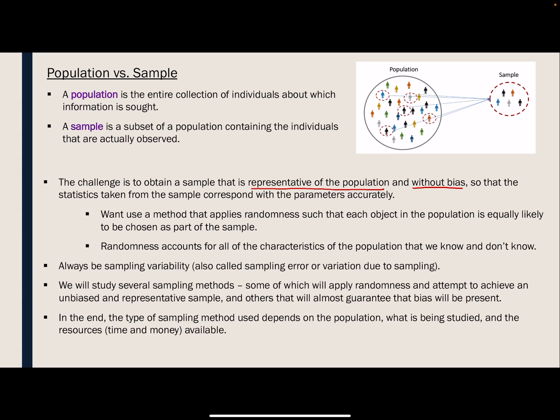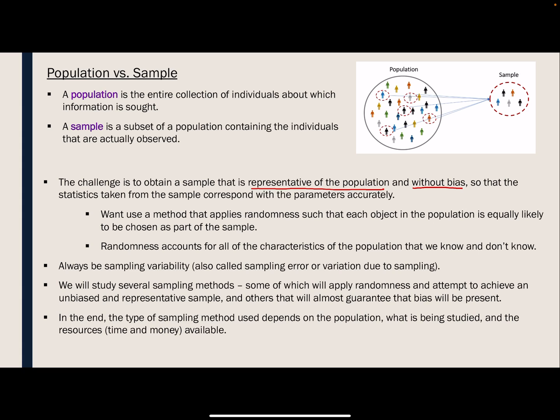But there are times when we don't know all of the characteristics of a population, and randomness accounts for this. So it makes it so that we don't have to sit there and list out the characteristics of the population and try to match it up. We use this randomness to make sure that, one, we get all of the characteristics that we know about, as well as any characteristics that we haven't paid attention to.